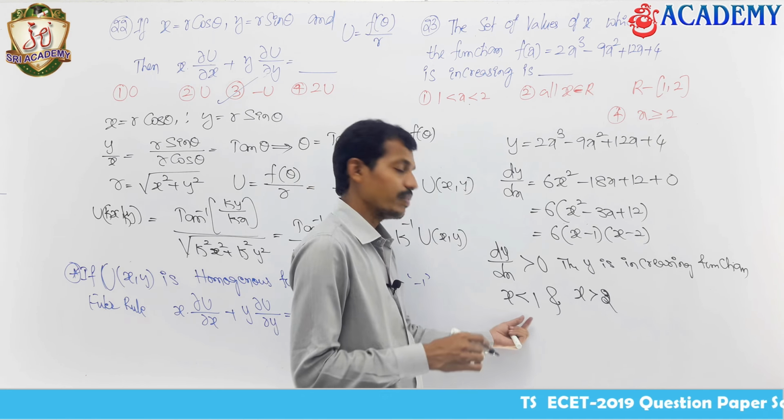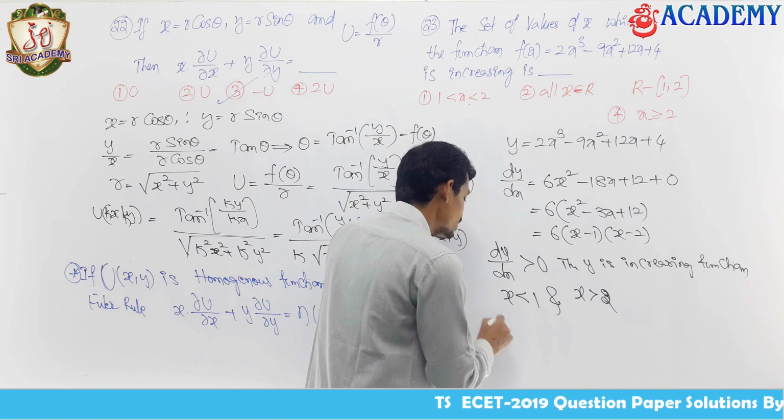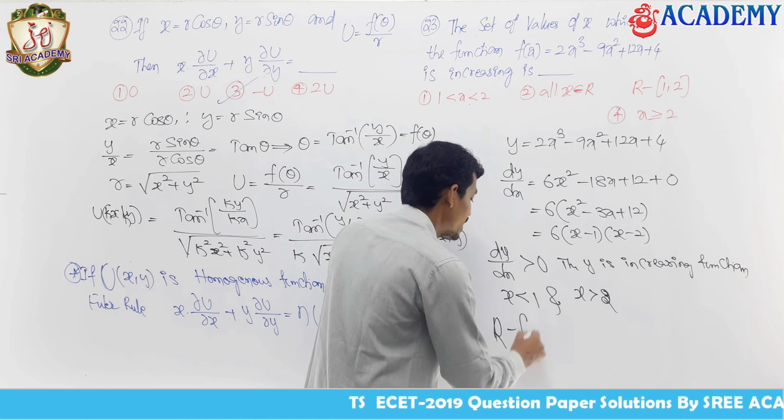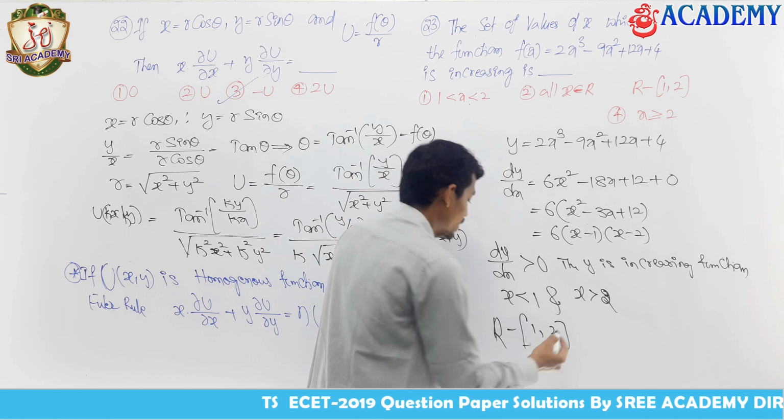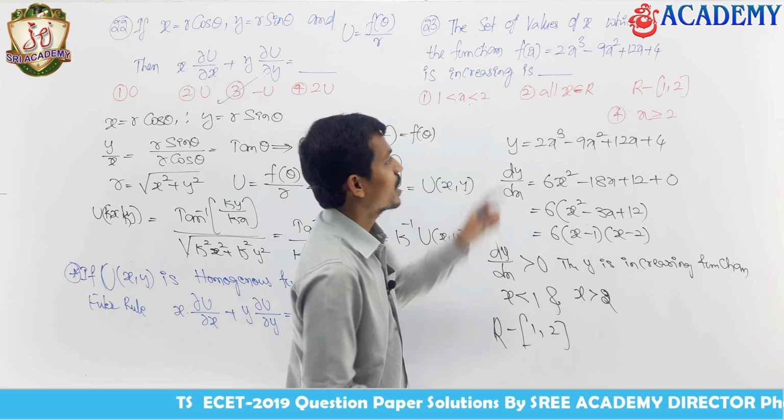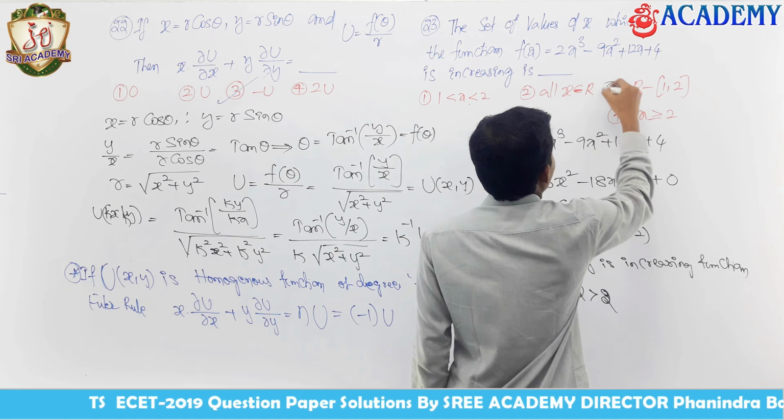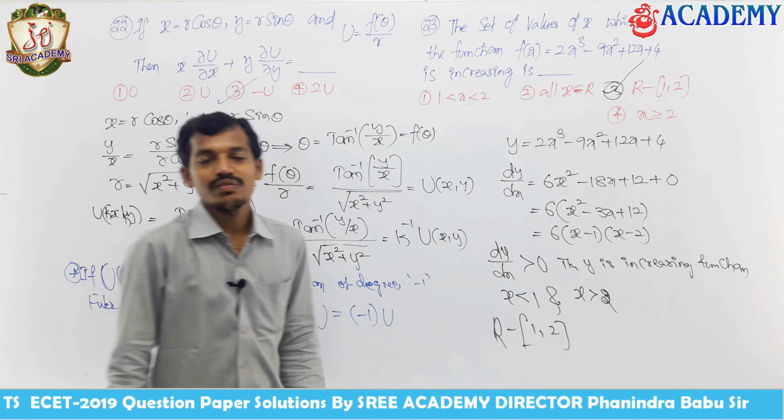That's why the answer is R minus the interval 1 to 2, the third option, R minus (1, 2).